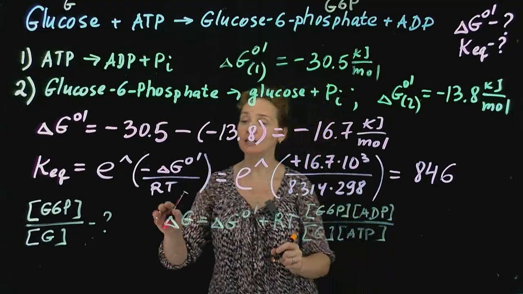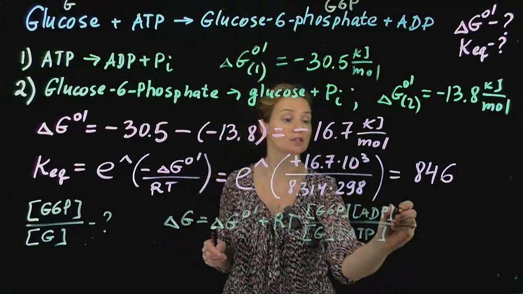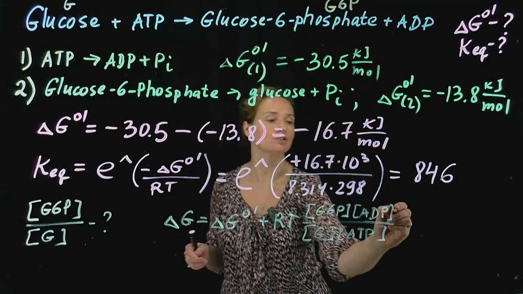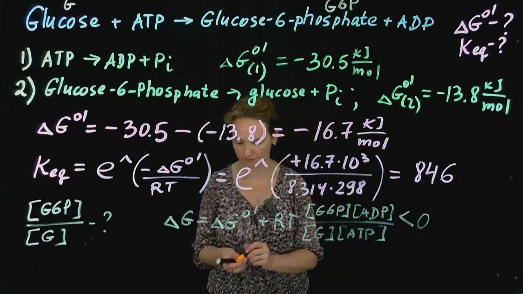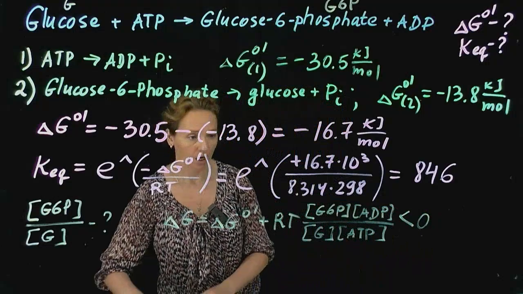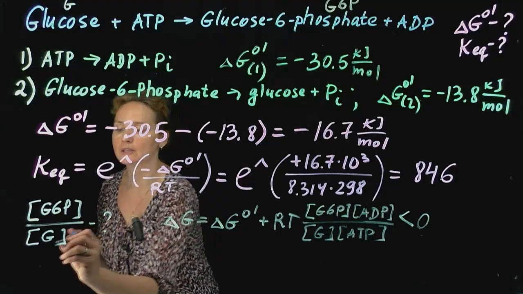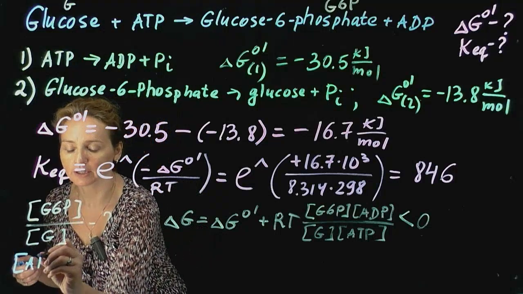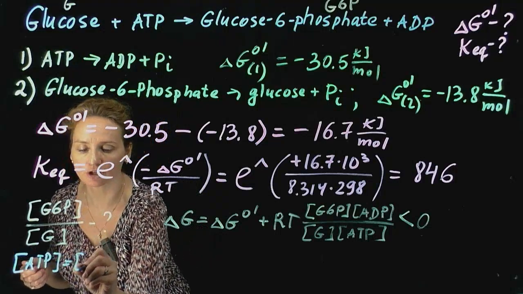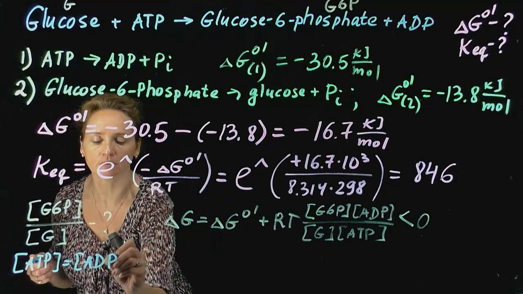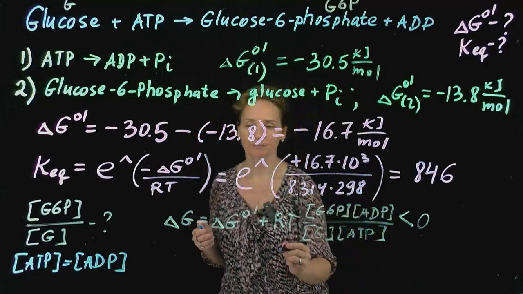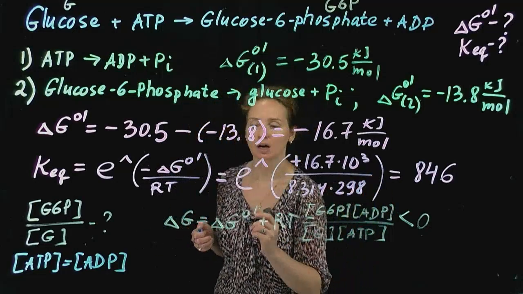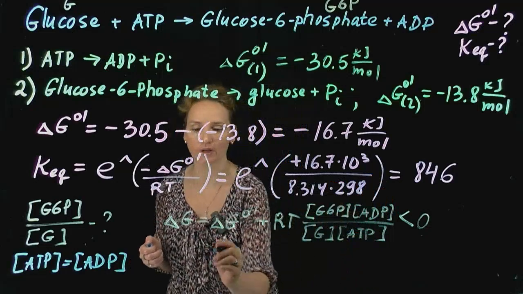And we are interested for this reaction to still be spontaneous under given conditions, right? So the delta G for this reaction needs to be negative. Another thing, we will assume that under these conditions, the concentration of ATP equals that of ADP. So we'll kind of cancel out those. And so now we can calculate the ratio based on that.